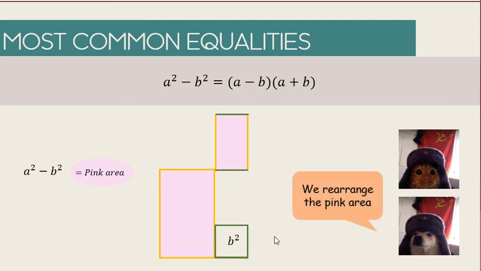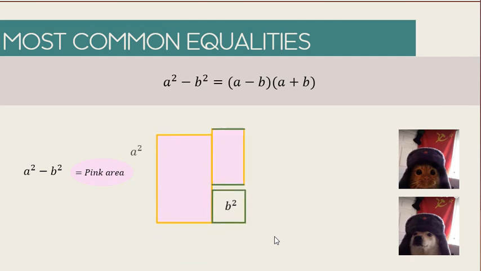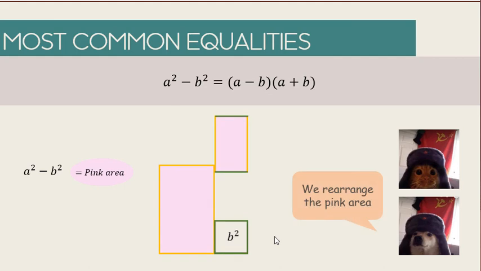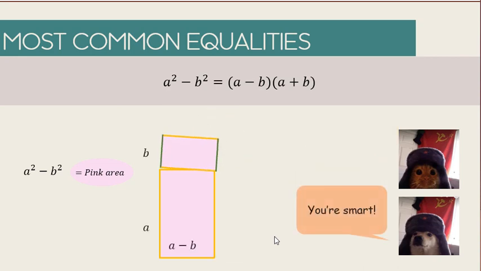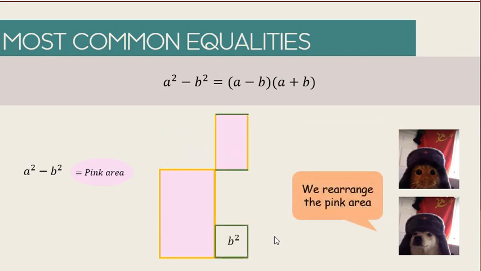Now the dog says that we should rearrange the pink area. You see that? We rearrange the pink area. And the cat realized that he is trying to make a rectangle. You see that? And you should notice that the width of the top rectangle is b here.